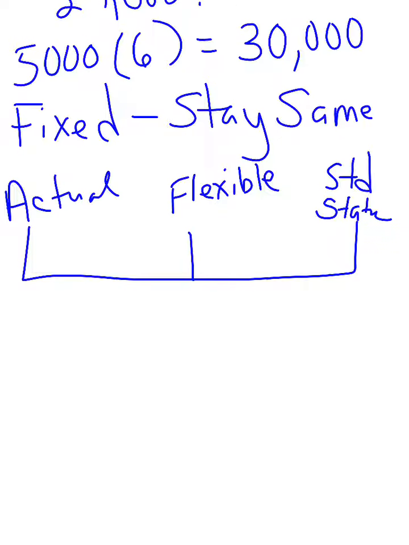So in this particular problem, I want to look at the variable overhead amounts as well as the fixed overhead amounts. We're going to start with variable. Our actual amount for our variable cost is given to us, and they told us it was $26,000.